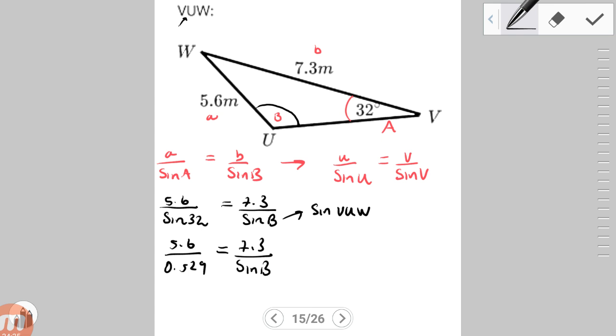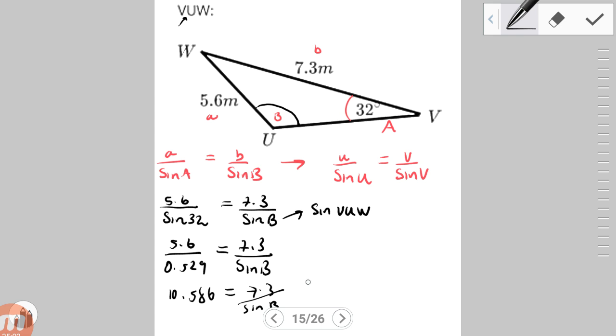So 5.6 divided by 0.529 gives me a result of 10.59 rounded off, 10.586. I like to use 3 decimal places, guys. And that's going to be 7.3 over the sine of angle B.